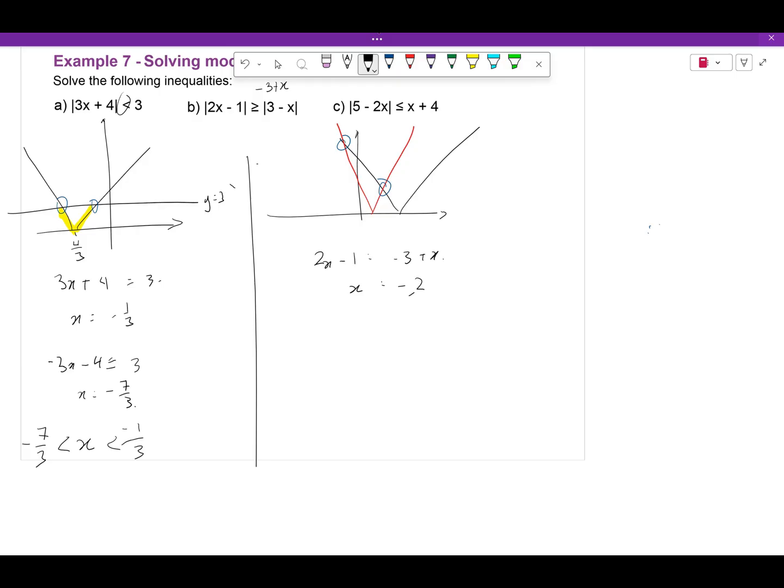Then the other one is negative 2x plus 1 equals to negative 3 plus x. So that means x to 4 and this becomes 3x. So x equals to 4 over 3. So what is our requirement? Our red must be bigger than our black, which is only happening here and here. Okay, so obviously on the left, x has to be smaller or equals to negative 2, or x has to be bigger or equals to 4.